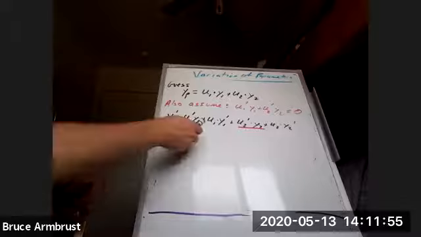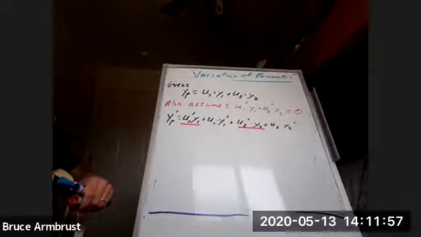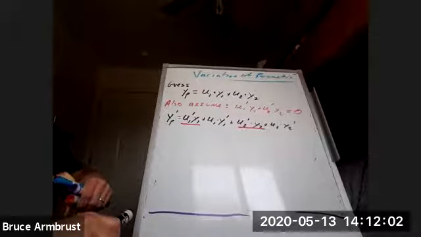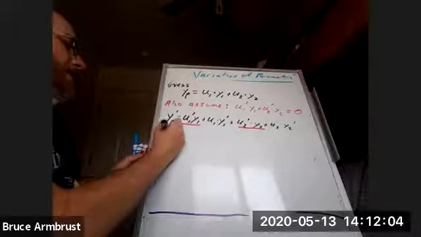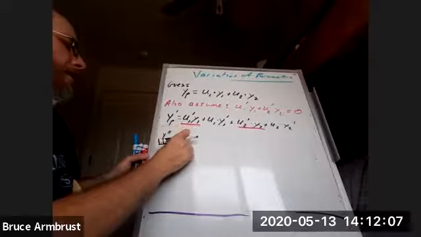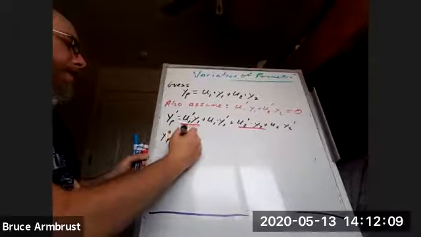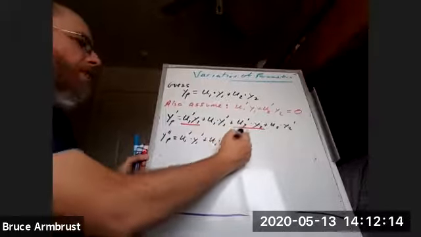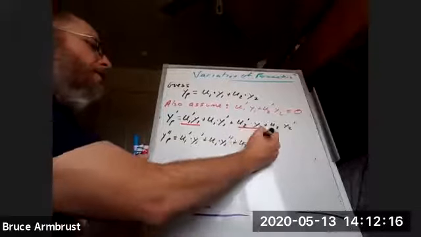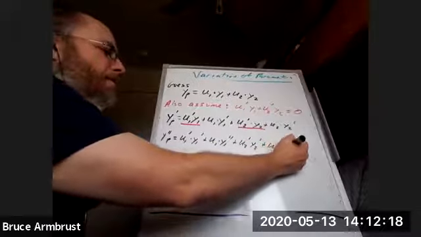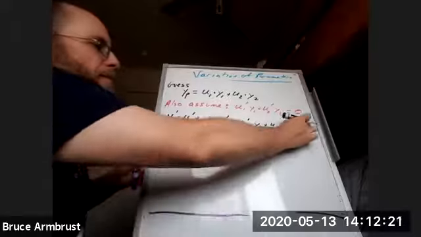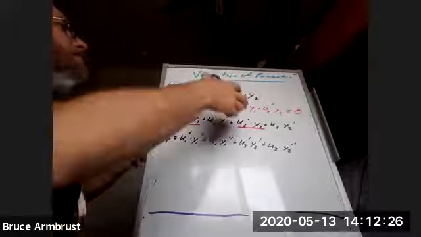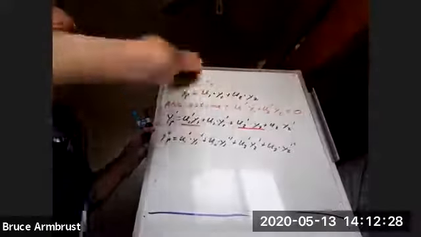Well, this is going to help us with our derivative, because now we're not going to have any second derivatives of the u's, just the first derivatives. So that means that y double prime is going to be u1 prime y1 prime plus u1 y1 double prime plus u2 prime y2 prime plus u2 y2 double prime. All right.